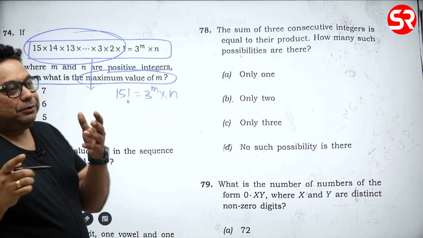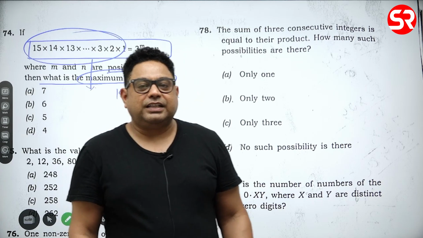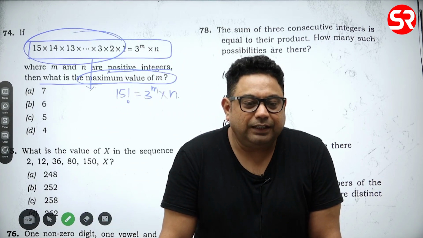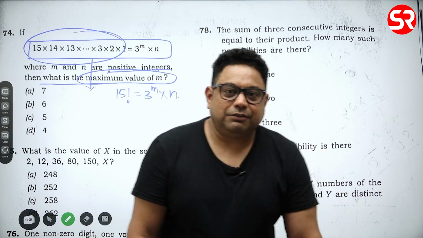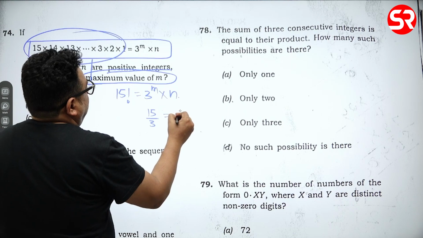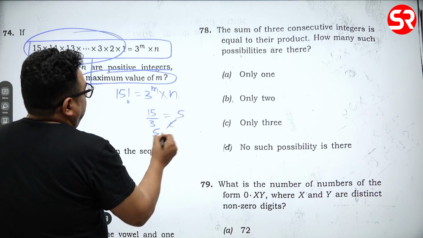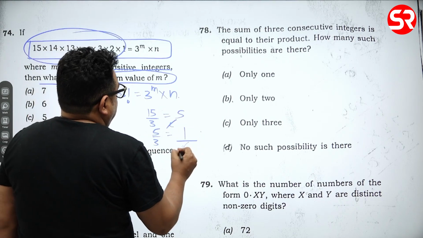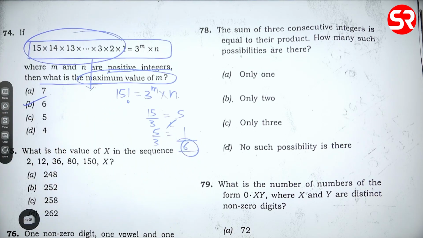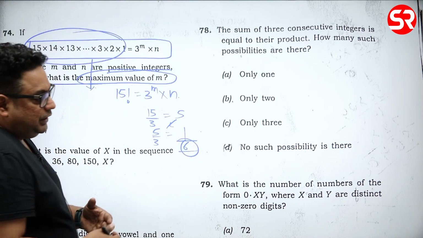I think if you go to number system, we have done this as the exponent of prime factors. 3 is a prime number. So what would be the value? It would be 15 by 3, which is 5, and 5 by 3 comes out to be 1. So m has to be equal to 6. A lot of you cherish shortcuts.